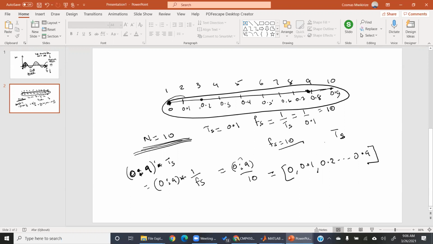No. So when I say n is 1,000 points, this n is going in steps of 1 because I'm counting the number of samples. But when I'm going to plot on my time axis, I want to convert that scale to the time scale.